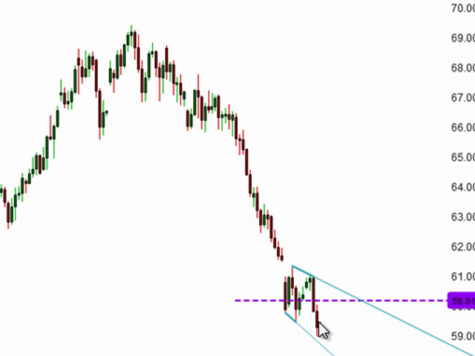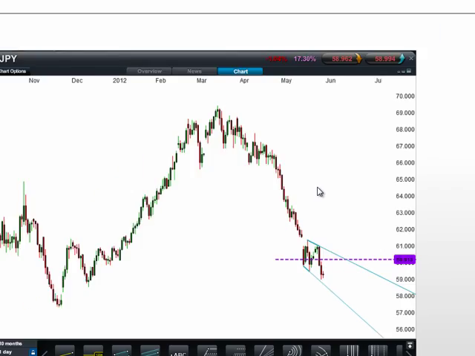And if you can enter on a break above the dashed line with a stop under the last low, if that last low is made, then that gives you a good risk reward entry, potentially with a relatively small loss compared to the sort of gain that you might have if we make a significant correction of this last move down.